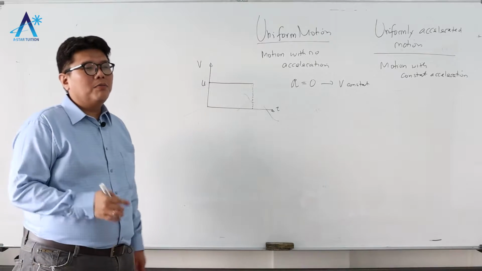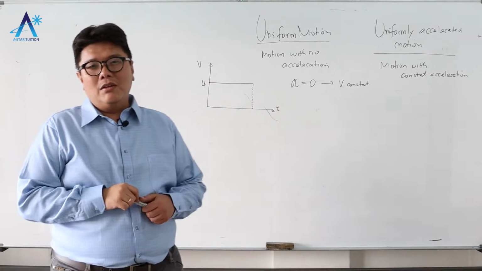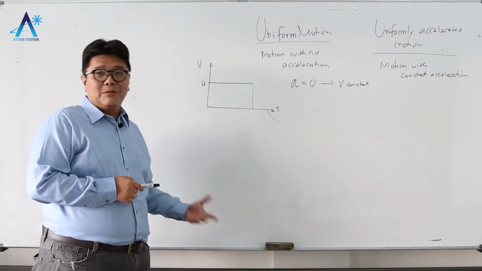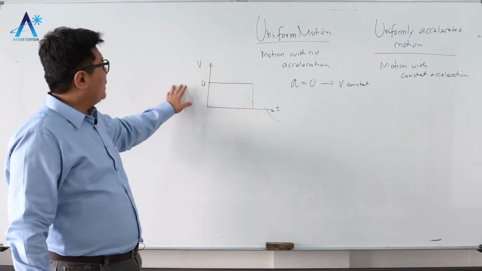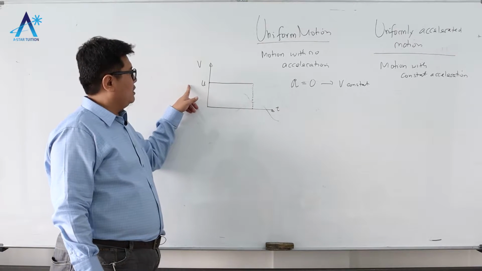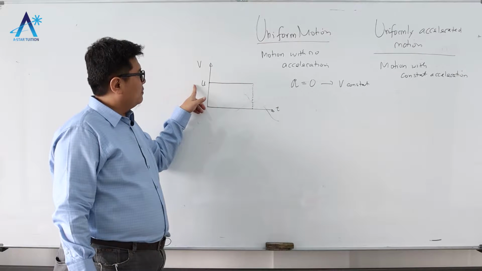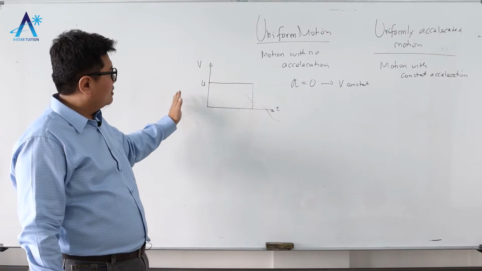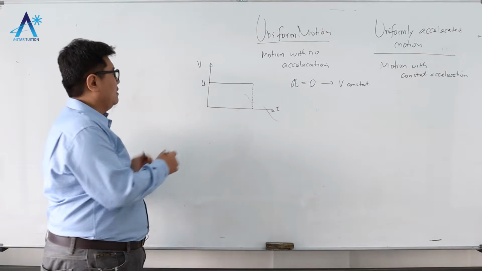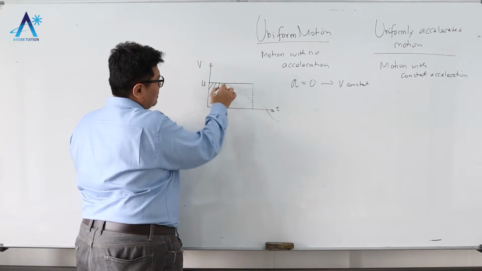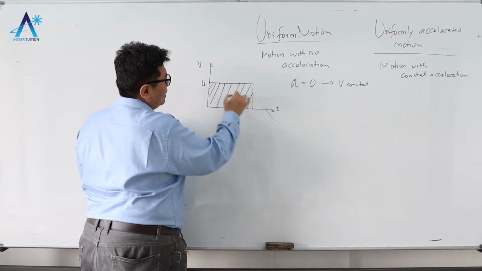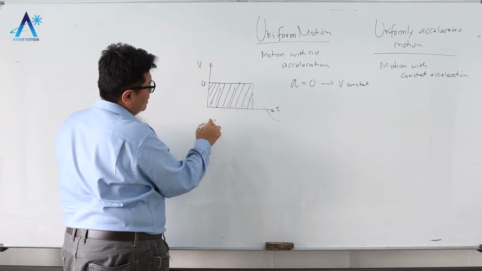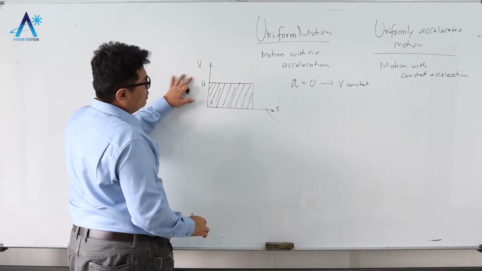Now, you probably remember from our last video, if we have a velocity function time graph, we can actually calculate the displacement. So you can see here, the initial velocity is u, but then the final velocity, meaning the velocity at any time after that, is the same, u. So then you can calculate the displacement by calculating the area, but this is just a rectangular shape, so you can find the area by multiplying u with t.